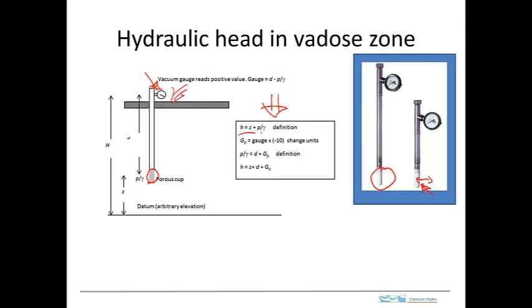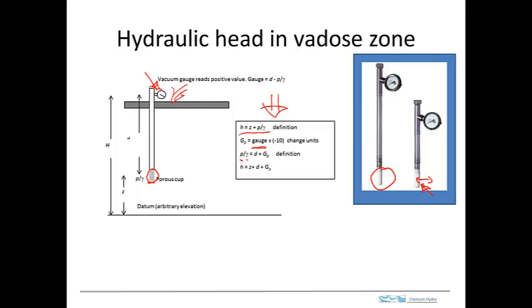This is the total head: the elevation head plus the pressure head. The gauge reading is given right there in centibars, and we multiply by minus 10 to change the units from centibars of suction to centimeters of pressure head. And so that's going to define the units that we're using as centimeters.